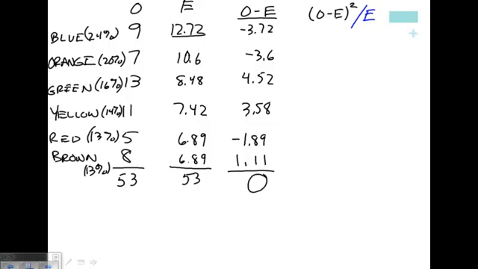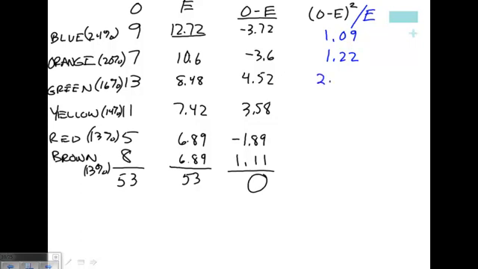All right? So I'm going to go ahead and start doing that. 3.72 squared divided by 12.72. And I get, in this area right here, 1.09. I'm going to do it again. 3.6 squared divided by 10.6. And for this column here, I get 1.22. 4.52 squared divided by 2.848.